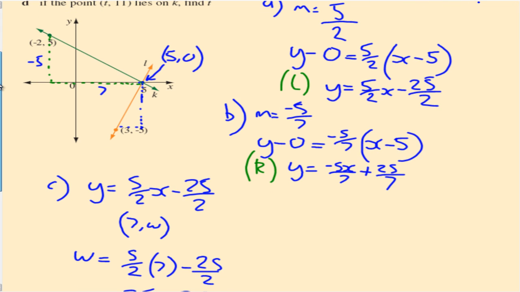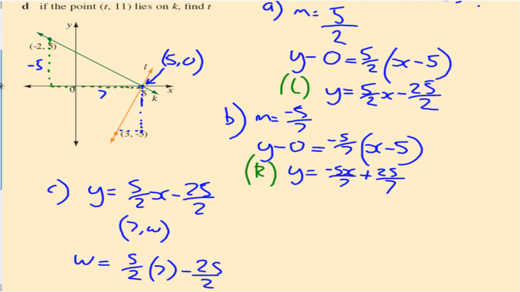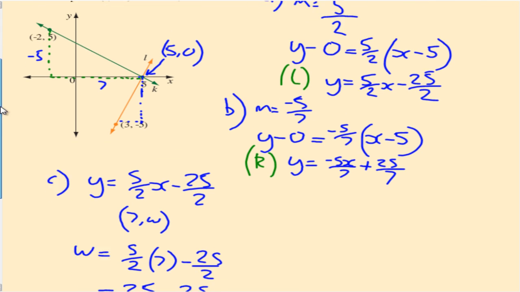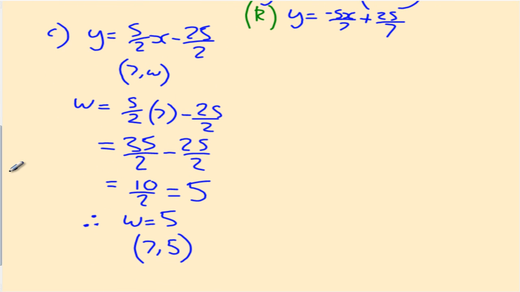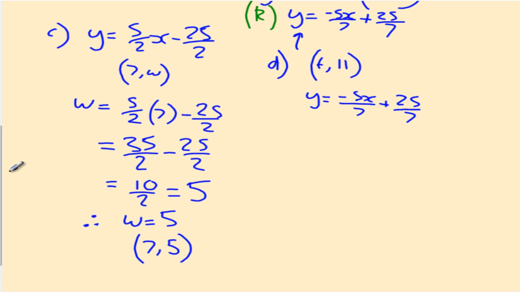The last one, if the point T, 11 lies on K, find T. So over here we're going to answer D. Our point is T, 11 and we're going to be using our line K up here. So we have y equals negative 5x over 7 plus 25 over 7.